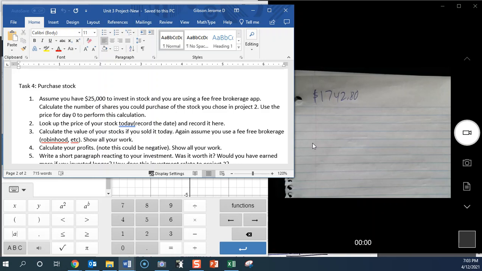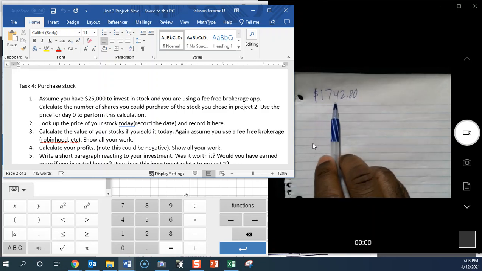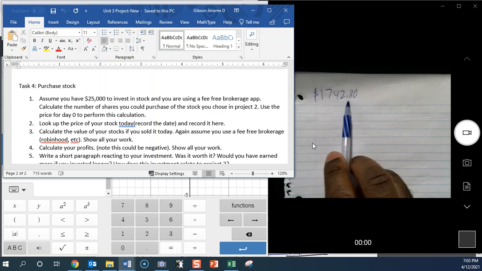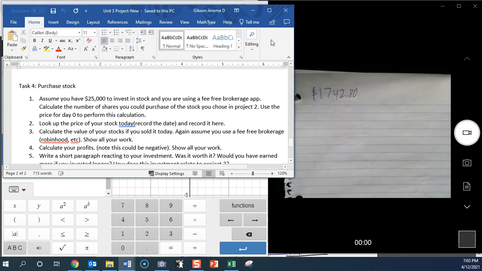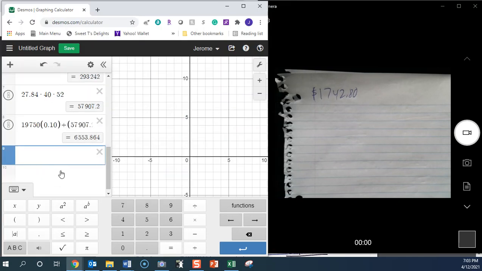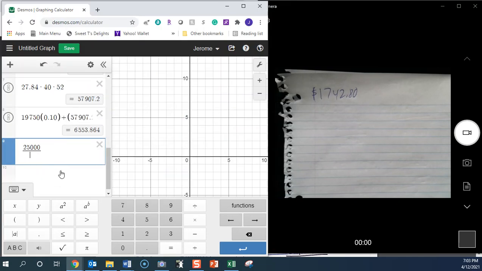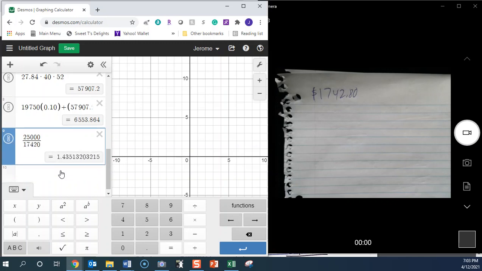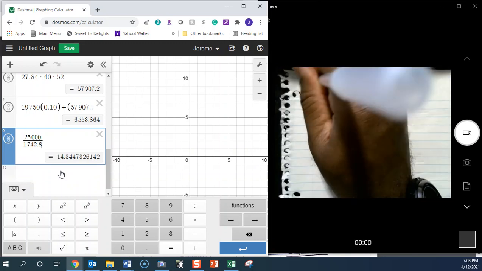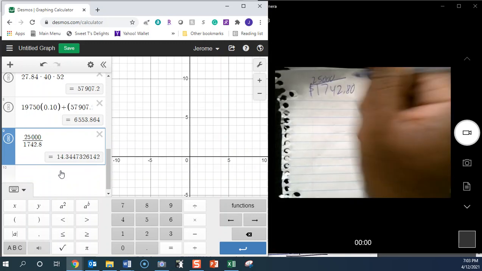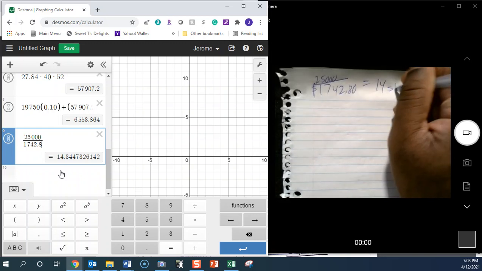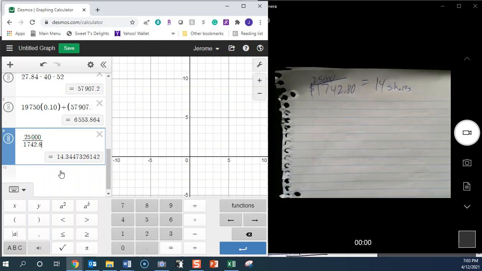So this person having this item costing $1,742.80, they would have to take 25,000 and divide it by that to see how many shares they would have. So they would have 14 shares. Now we do not round in this situation.